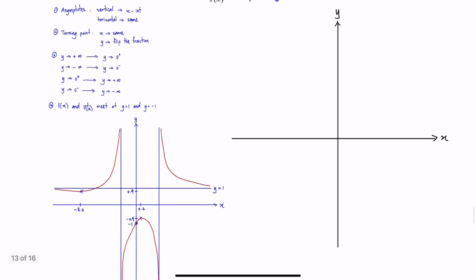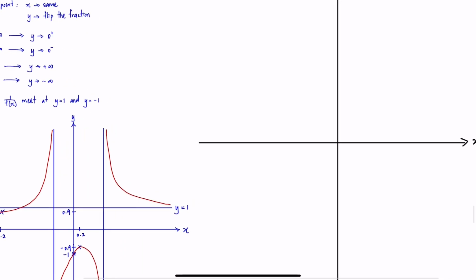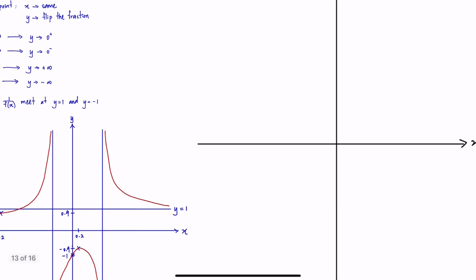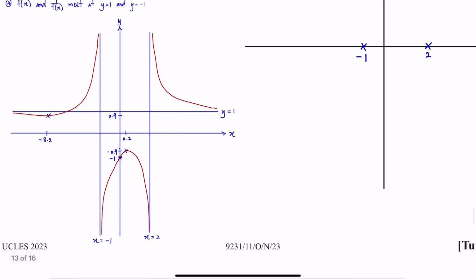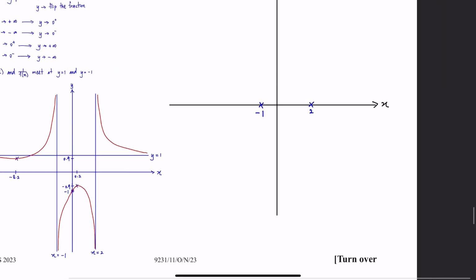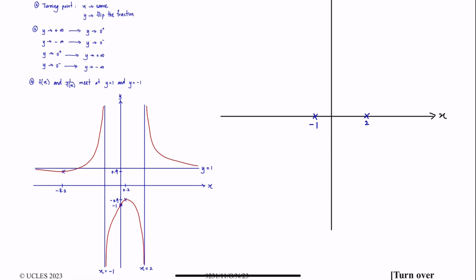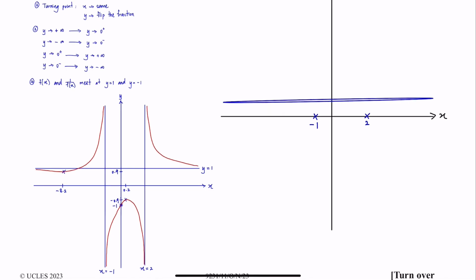So the x-intercept would be x equals to negative 1 and x equals to 2, since they were originally the vertical asymptotes. And for the horizontal asymptote, it stays the same. So we have y equals to 1 as the asymptote as well.